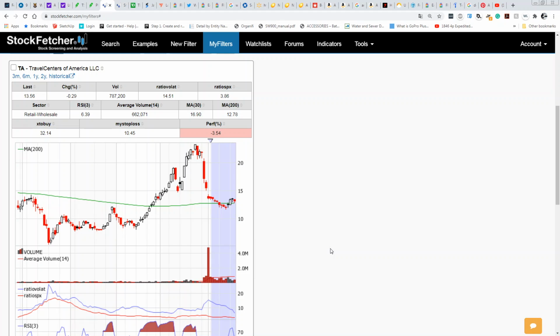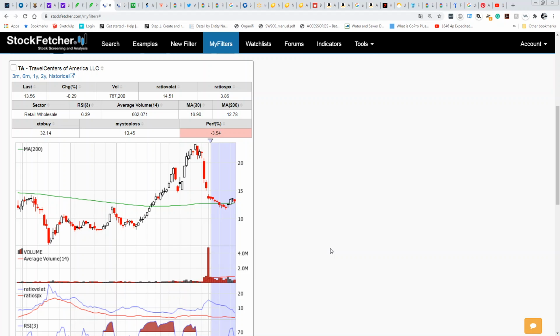VMD, 18% so far. Never went down. I will still keep it. This one went below the MA 200. So it's just too close. There is not enough range.